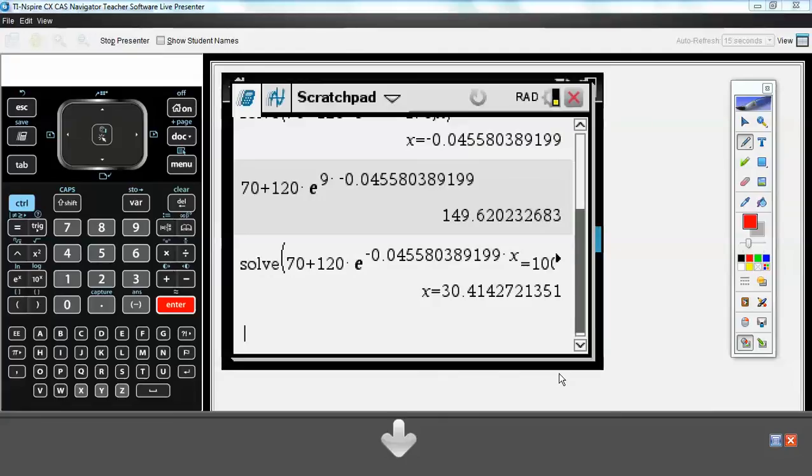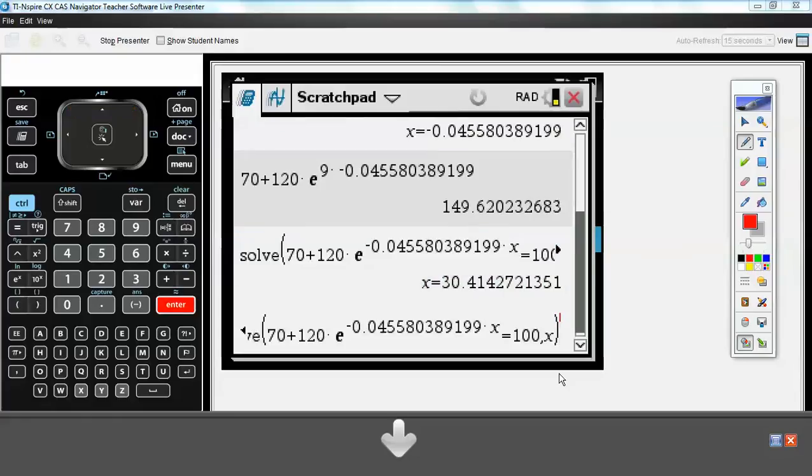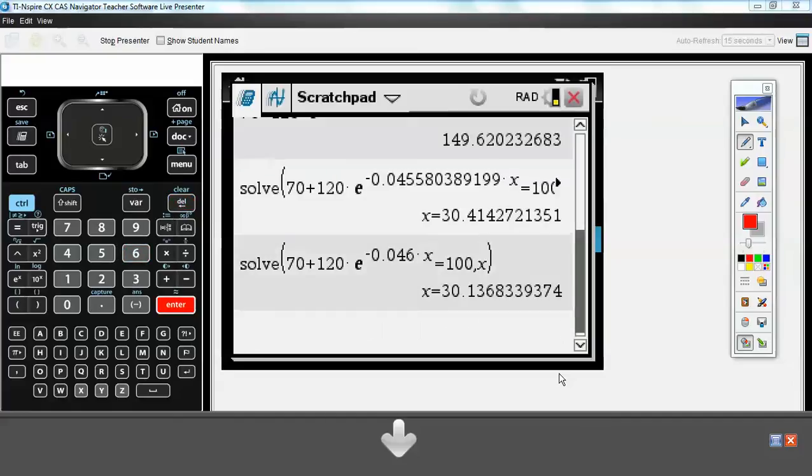You know what? Just grab your solve again. I'm just curious. Grab your solve and go in here and delete these, except just put 046. Yeah, delete those and put 046. Let's say we would have rounded to just 3 decimal places. Okay? Was it that far off? Oh, man.